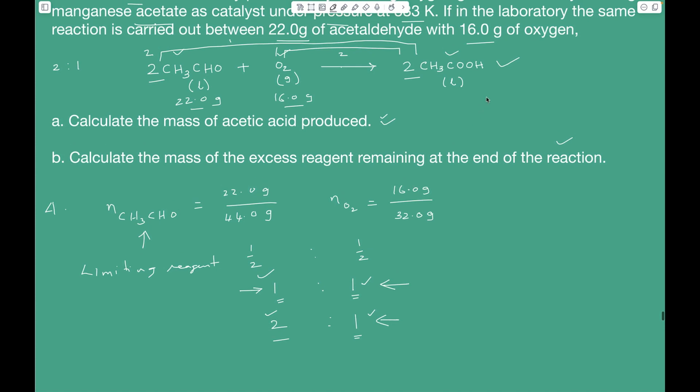So the amount of acetic acid produced is determined by this limiting reagent. So you have to use the relationship between the number of moles of acetaldehyde and the number of moles of acetic acid to answer this question. If you have 2 moles of acetaldehyde, you would have got 2 moles of acetic acid, right?